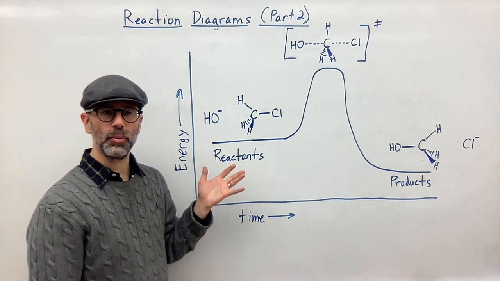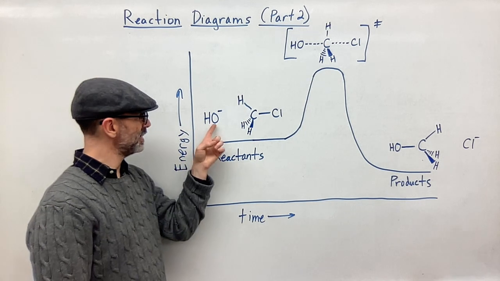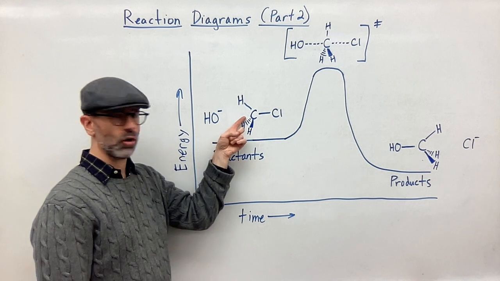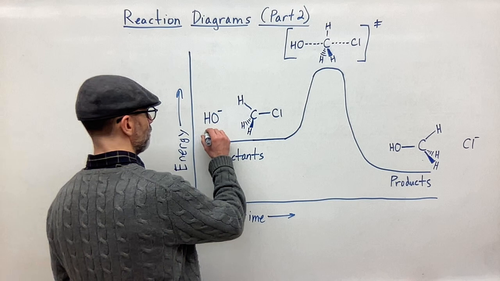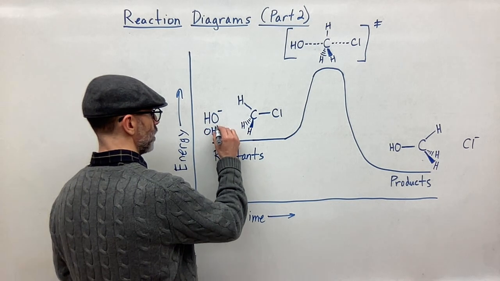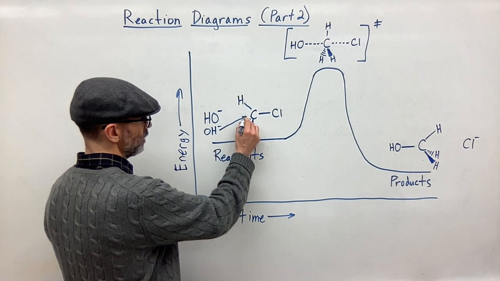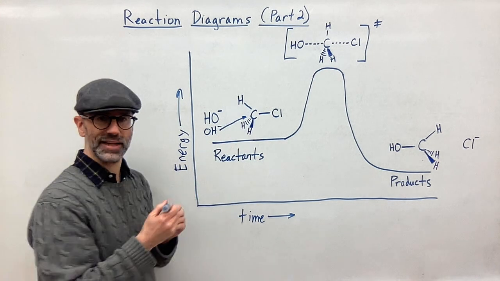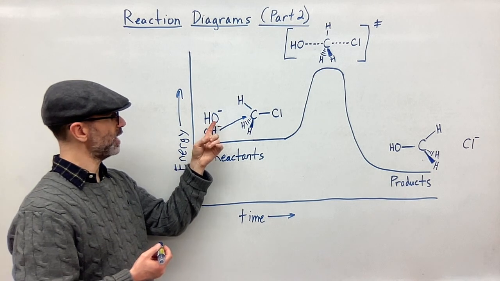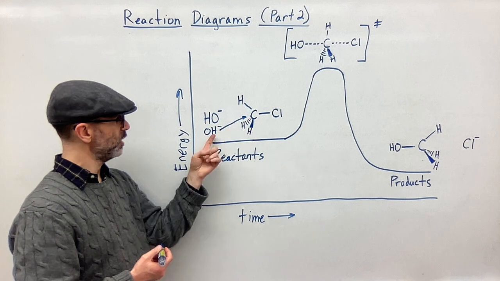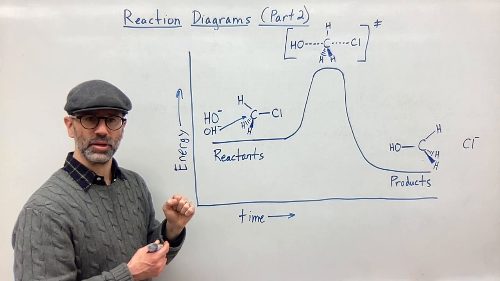So the first thing I want to point out is that this reaction will not occur unless it's the oxygen facing towards the chlorine. If I flip it, right? If it's an OH here with the minus, and that hydrogen is facing the back of the carbon and collides, that reaction is not going to happen because it's not going to form an oxygen-carbon bond, because it's the hydrogen atom that's hitting the back of the carbon, right?